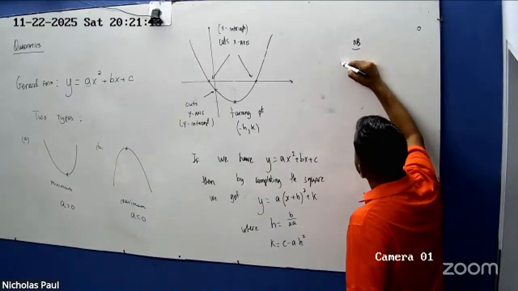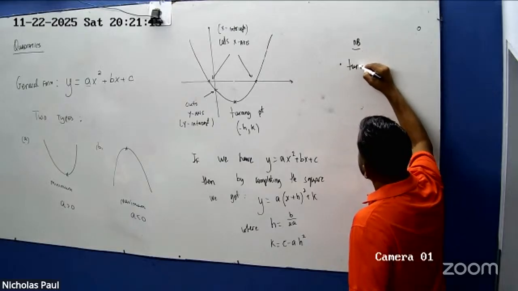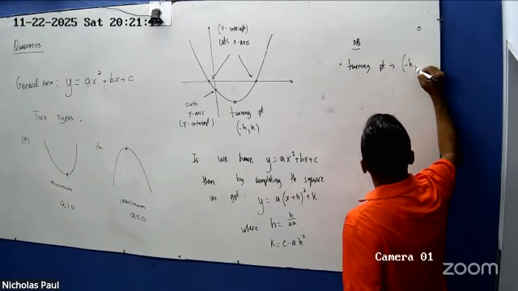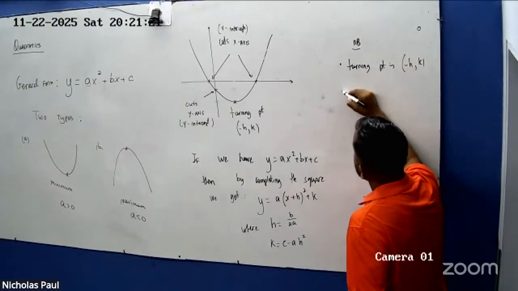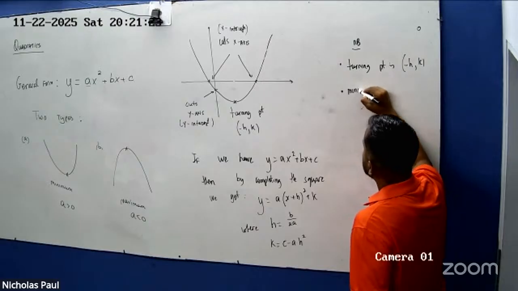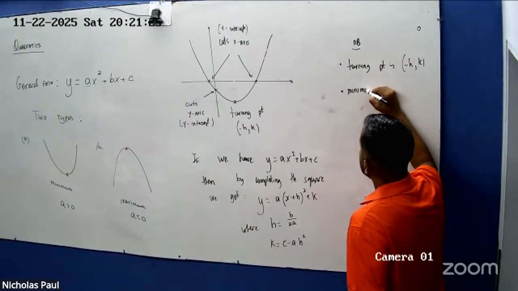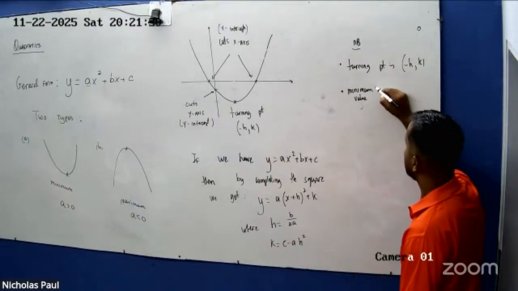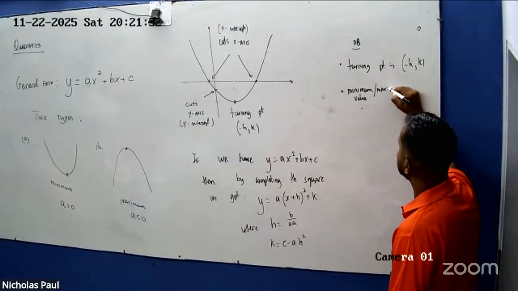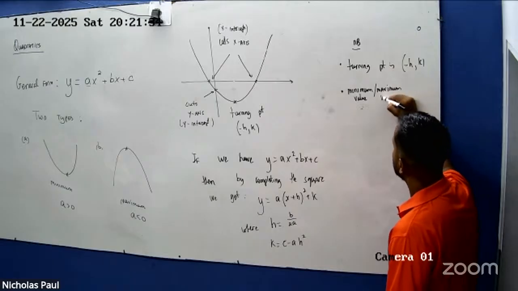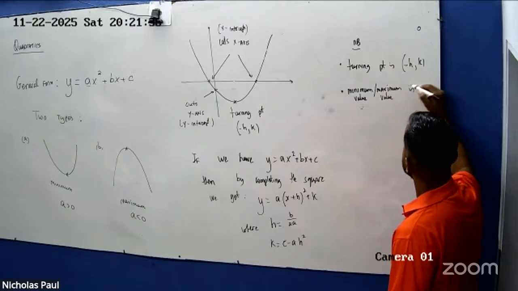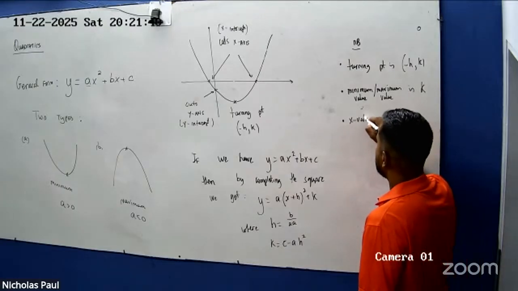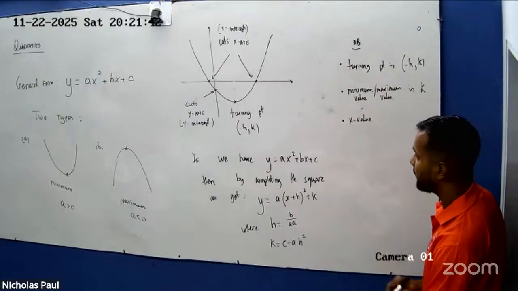Note that, first thing I want to note is that the turning point is (minus h, k). Next thing I want you to note is that the minimum value or the maximum value is k. Right? I'm going to explain all this now.